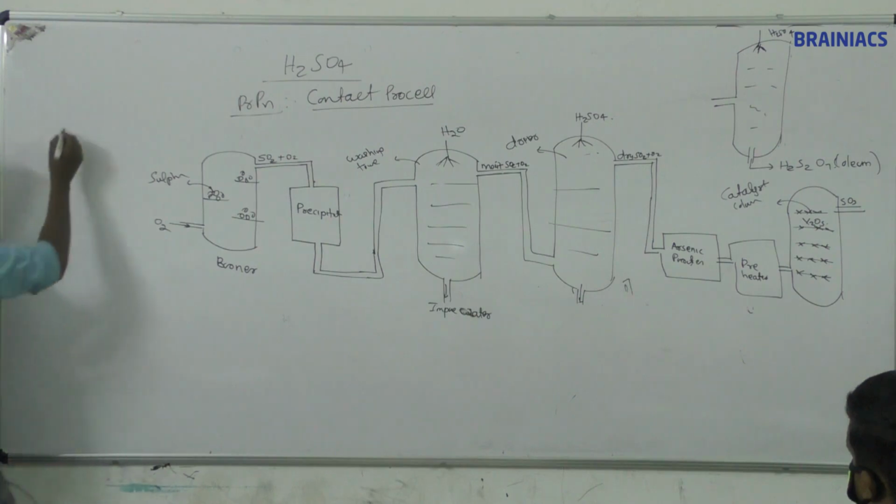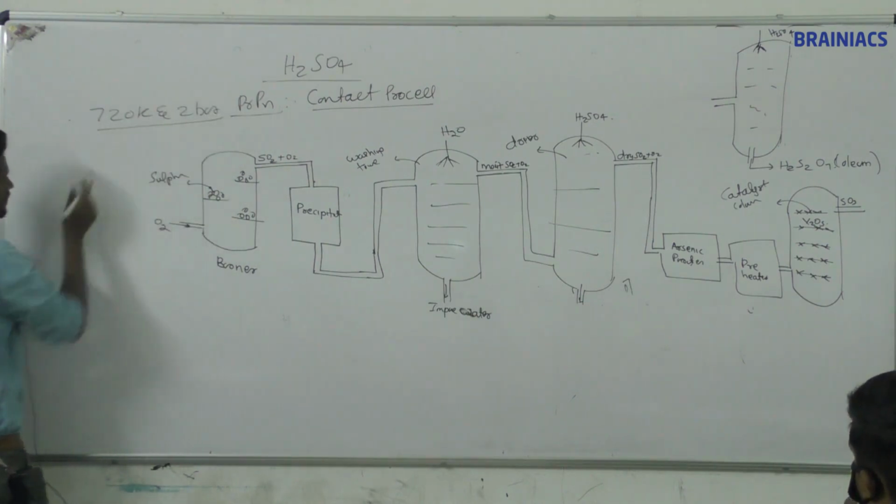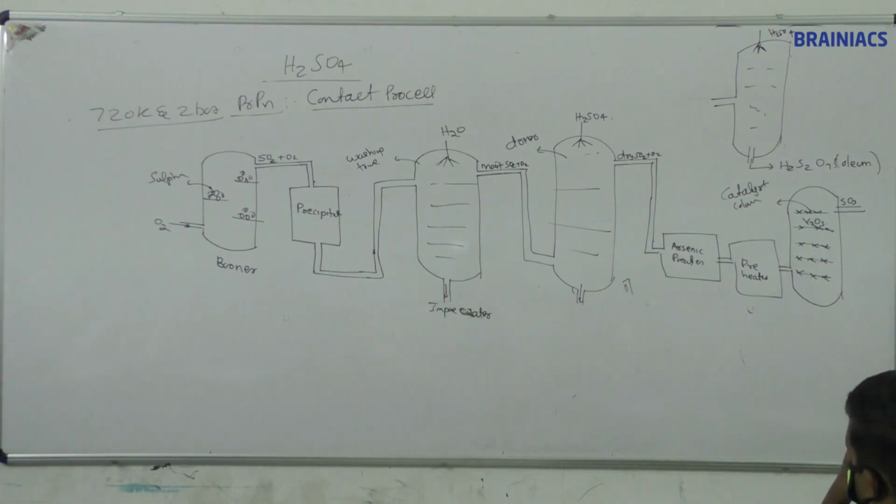The plant is operated at 720 Kelvin and 2 bar pressure. Industrial preparation: burner, removal, drying, purifier, catalyst column, and absorption tower.